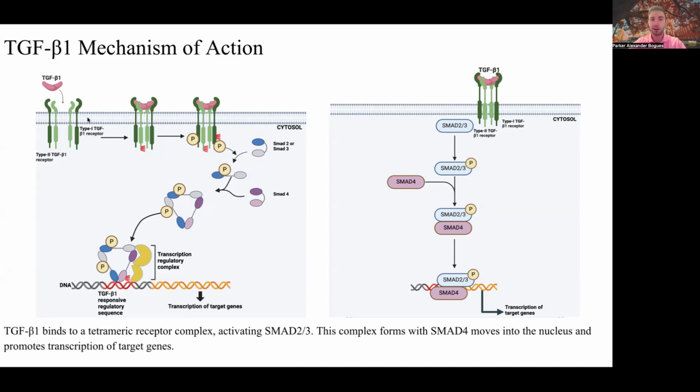When it dimerizes, it autophosphorylates one another. This receptor complex then phosphorylates what's called SMAD2 or SMAD3. Further, another SMAD, which is SMAD4, is recruited, forming this trimeric SMAD complex. This trimeric SMAD complex translocates into the nucleus via a nuclear pore and can affect the transcription of target genes and ultimately induce cell proliferation.